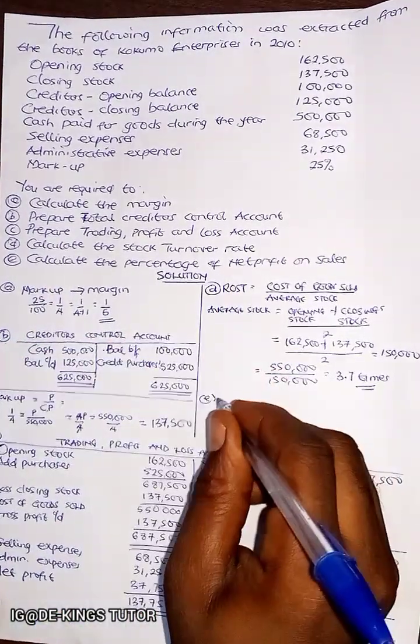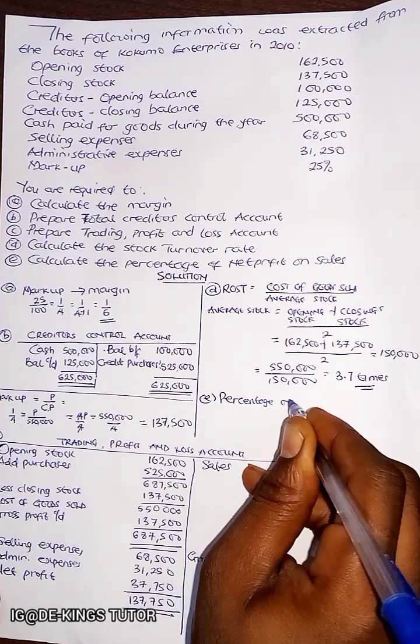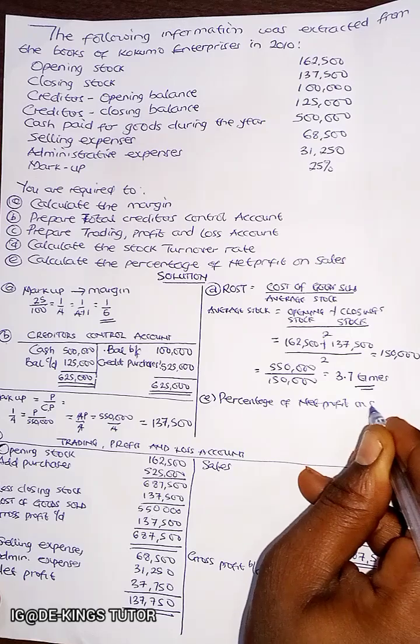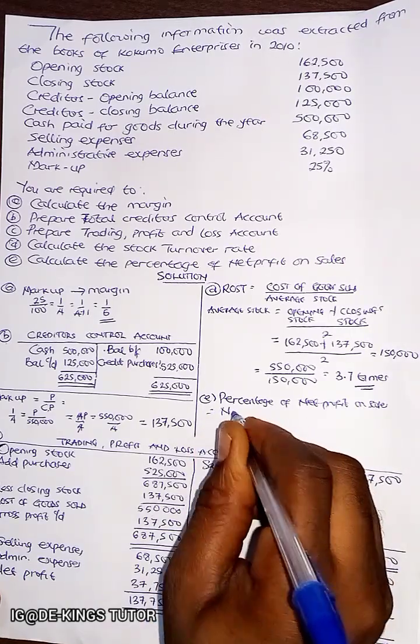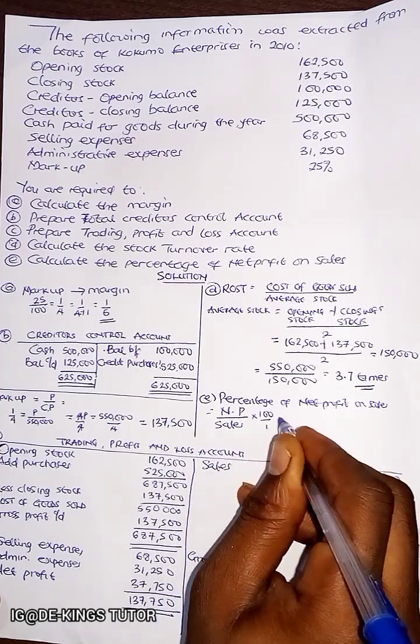Now E, percentage of net profit on sales. It is given as net profit over sales times 100 over 1.